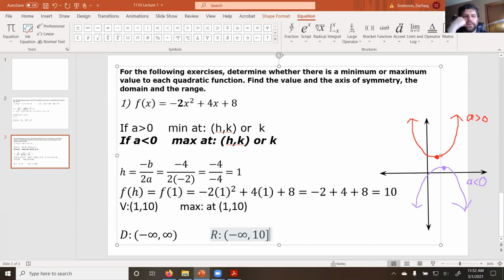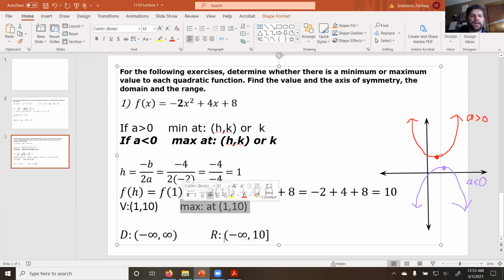Yeah, great. We can look at the fact that we have a maximum and just logic it out and say, if that's the biggest part of my graph and my graph clearly goes all the way down to infinity, good to go. You can also look at the graph and see the purple goes all the way up to that point, which is my vertex, and then it goes all the way down. So my range has to be negative infinity to 10.